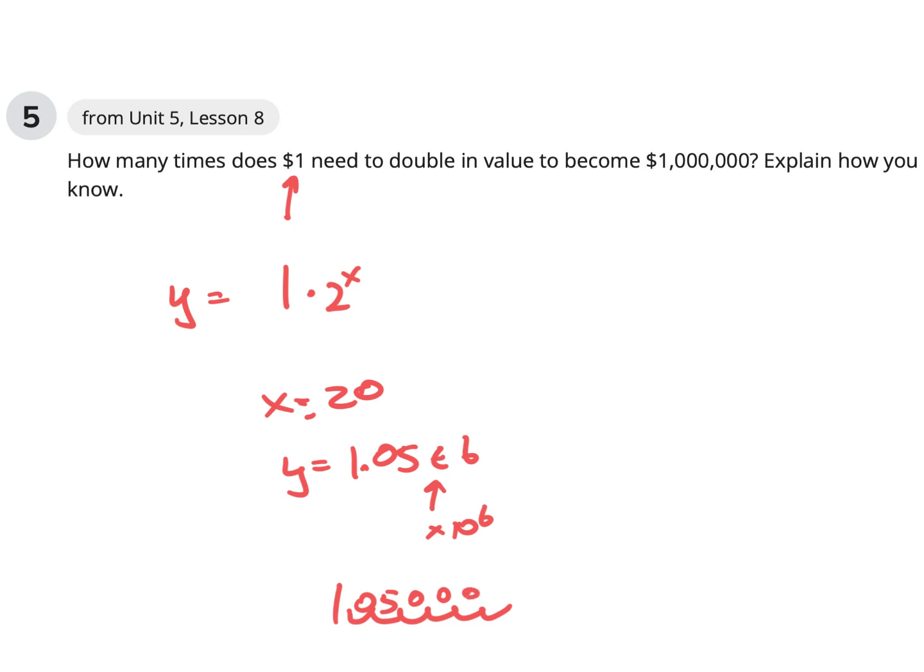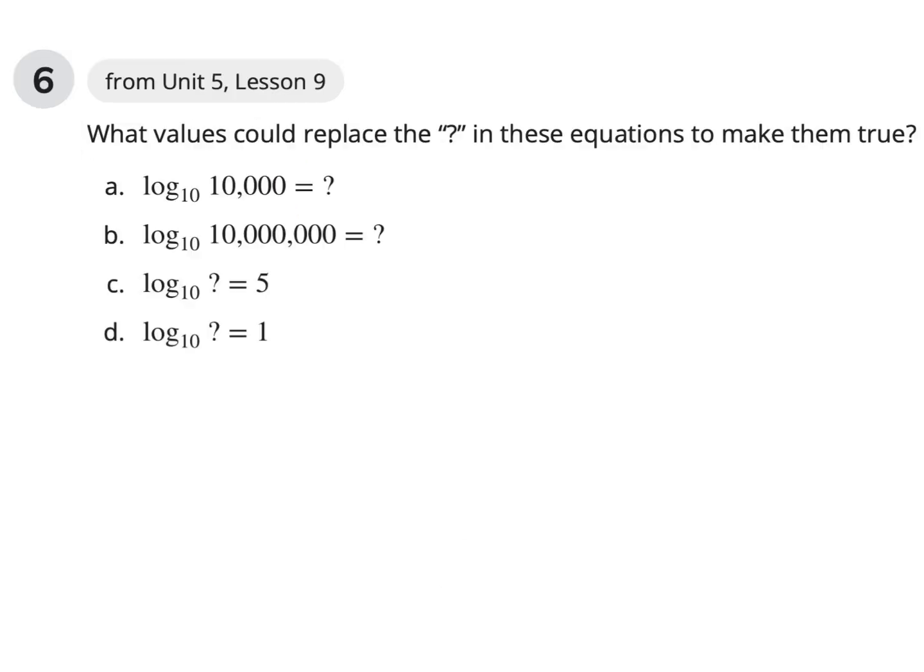Put zeros in the empty spots, and you'll see $1,050,000. So if you let the money double 20 times, it'll get over $1 million. At 19, it was at $524,288. That's not quite enough.